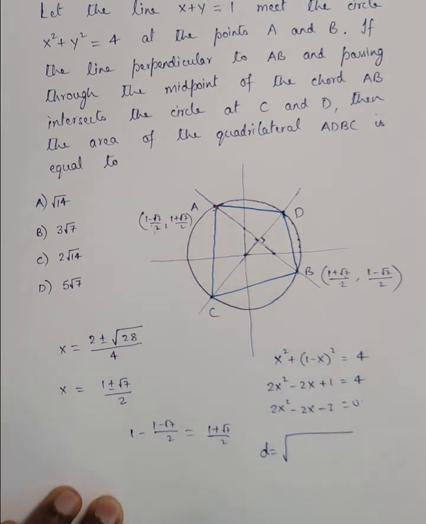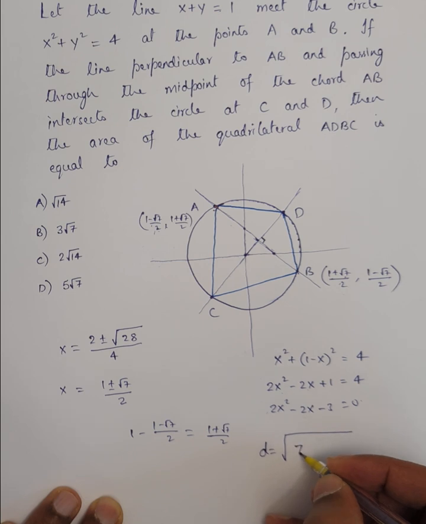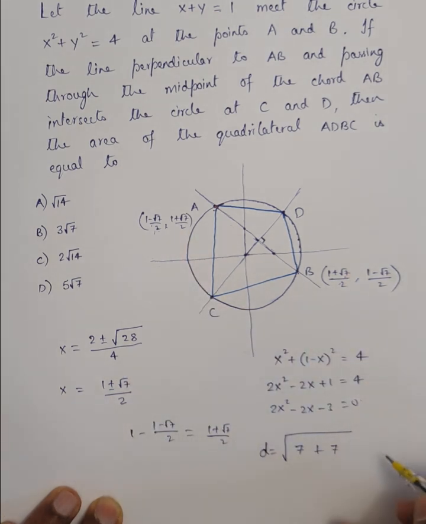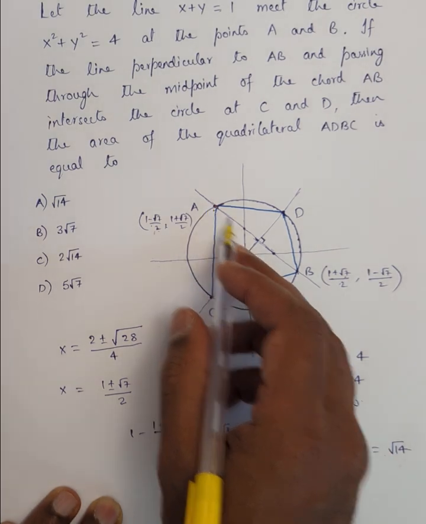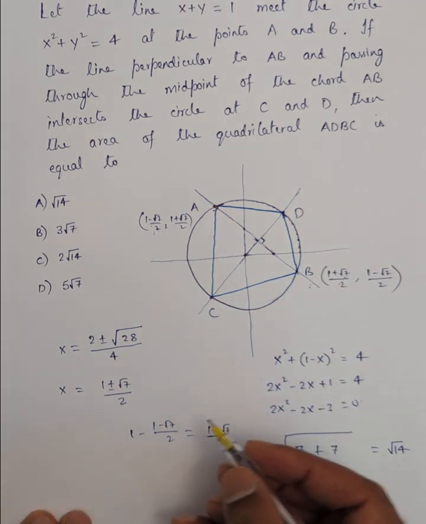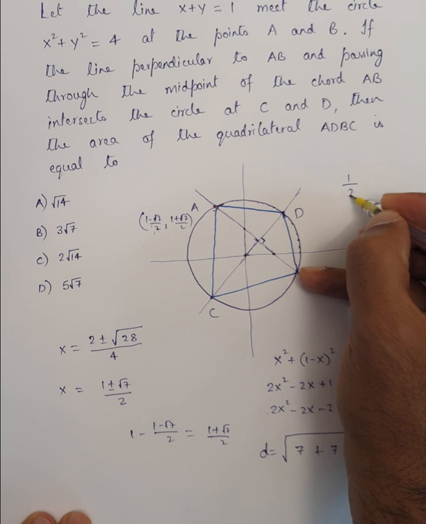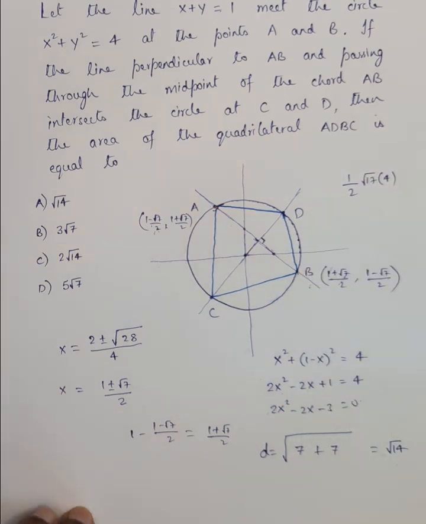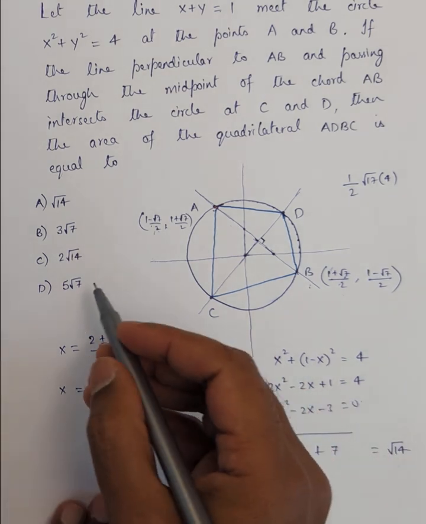So that's √7, which means you square that, you get 7, plus, again, it's going to be 7. So this is going to be √14. So this distance is √14, that distance is 4. So remember, it's 1/2 d1 d2, so 1/2 times √14 times 4. So that's going to be 2√14.